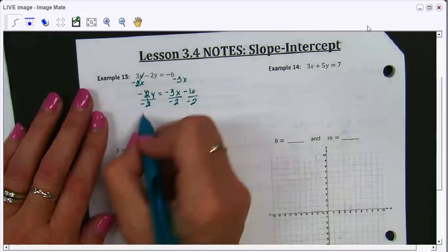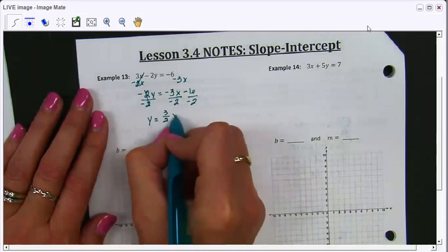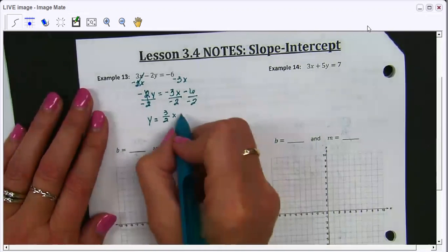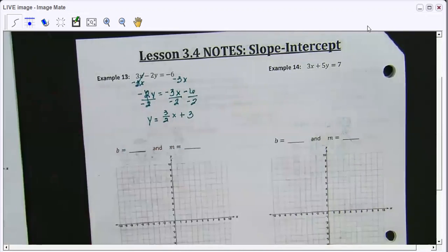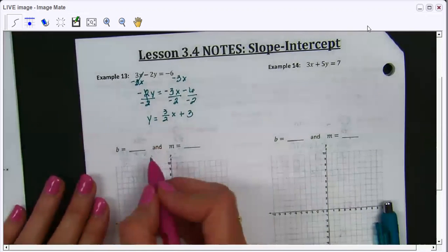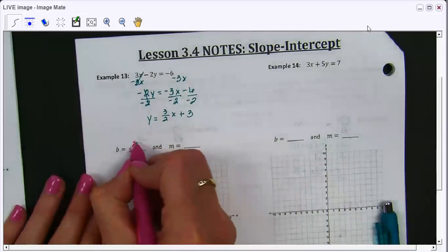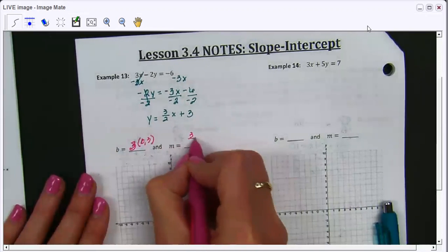And then once we do that, you should have y equals a positive 3/2 x, because two negatives give you a positive, and then plus 3 because a negative divided by a negative is positive. And so once you end up with this, your y-intercept is (0, 3), and your slope is 3/2.